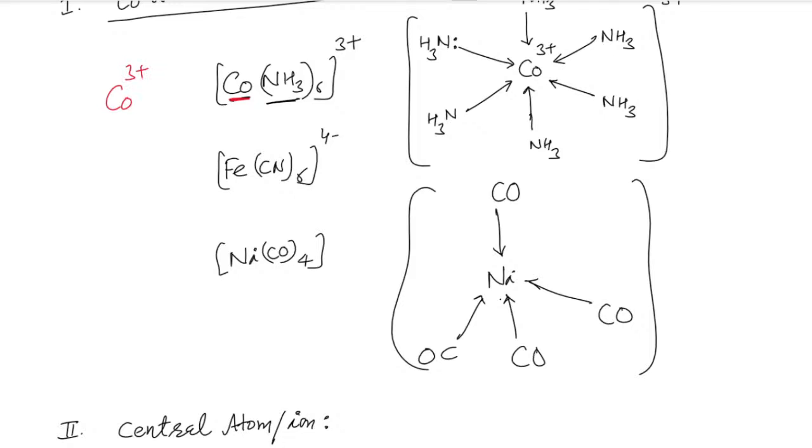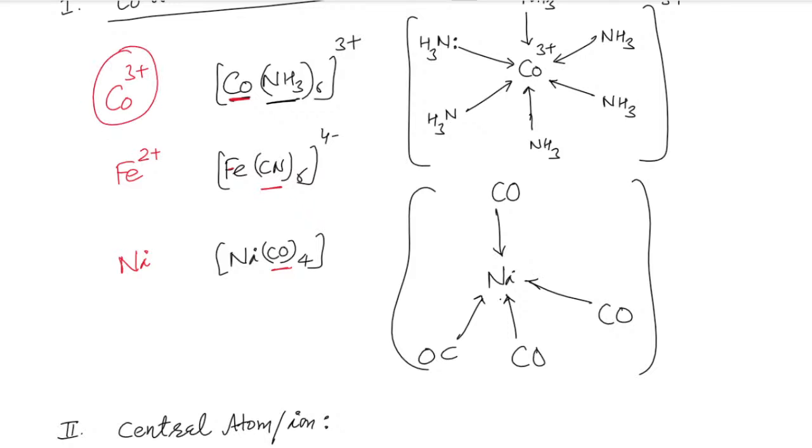So in this Co3+, 6 ammonia molecules are directly attached to it by coordinate bond. In [Fe(CN)6], Fe2+, 6 cyanide ions are attached to Fe2+. In Ni(CO)4, 4 carbonyl groups are attached to the nickel by coordinate bond.